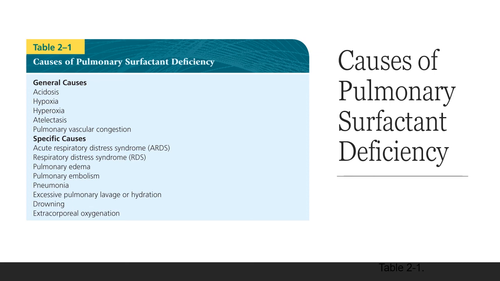These babies are born before their type 2 alveolar cells are mature enough to produce a sufficient amount of pulmonary surfactant. Low levels of pulmonary surfactant increase the surface tension forces in the lungs and in severe cases cause the alveoli to collapse, creating atelectasis.